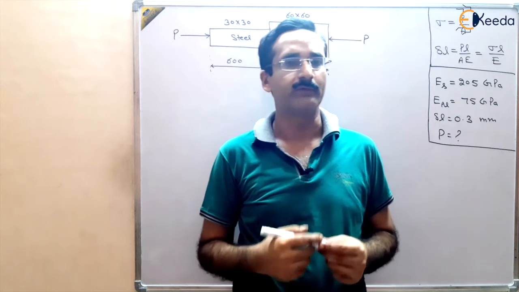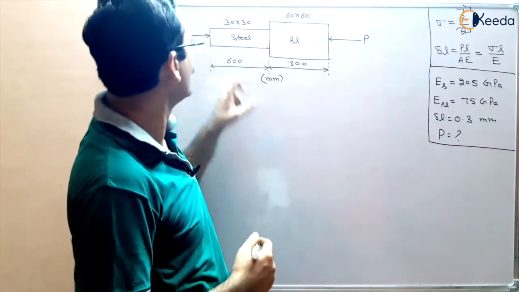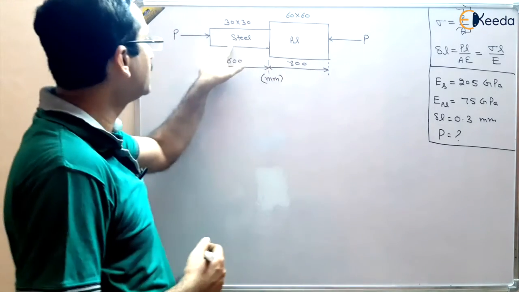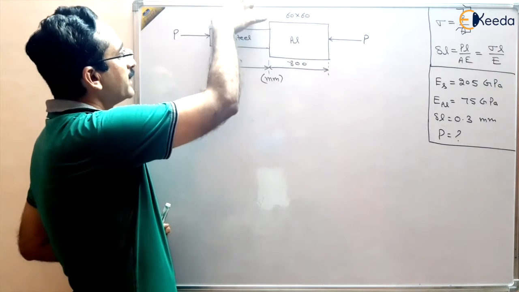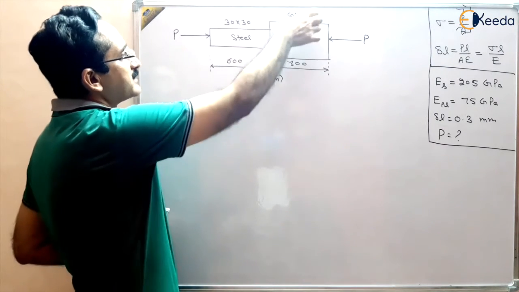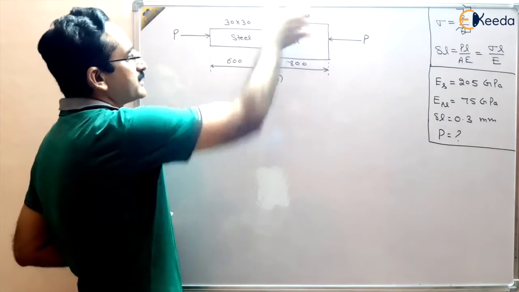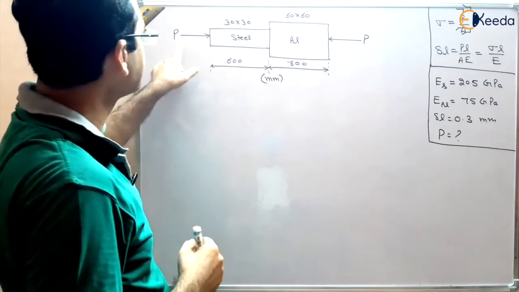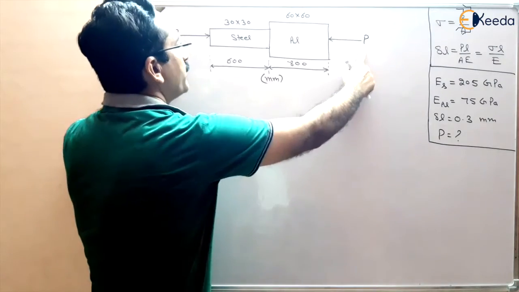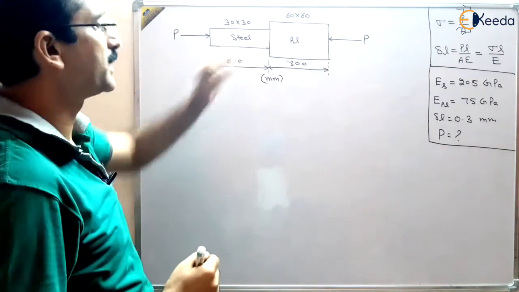In this numerical, we are given a bar made of two materials, steel and aluminium, and the dimensions are given. The area of steel is 30 by 30 and the area of aluminium is 60 by 60. Length is also given, and we have applied a compressive load P to this bar.